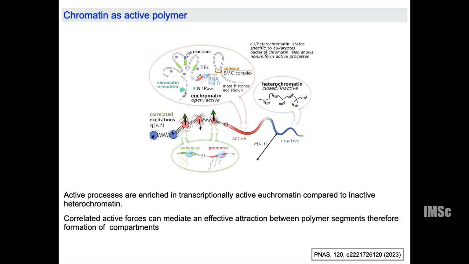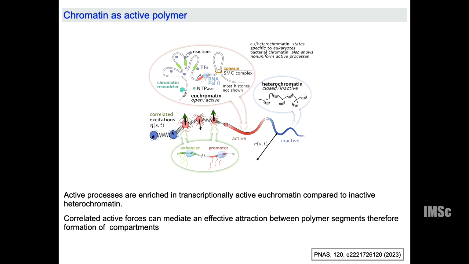And they have also very well shown that these active processes, when they are correlated, so if you have multiple active processes happening in the chromatin, by active processes I mean these enzymes and transcription factors, all working at different locations, but if they are correlated in the way they work, this can actually mediate some effective attraction between the polymer, and that correlated activity can also lead to some sort of compartmentalization in the active polymer.